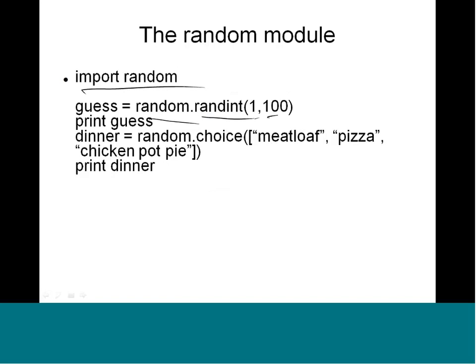So this is essentially a random number generator between 1 and, sorry, 1 and 100, and then we can print that. We can also specify random.choice, pass a list, and print the dinner, and it randomly picks one amongst those three.